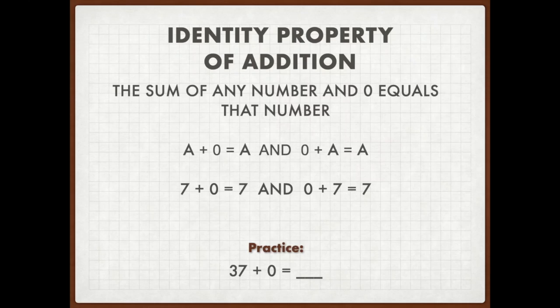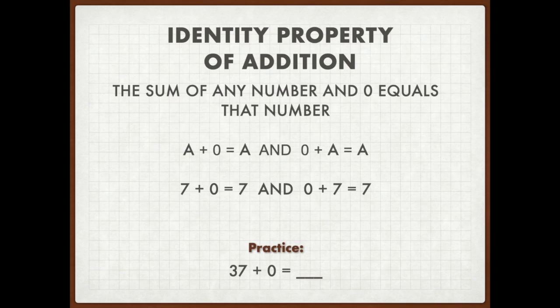Now the identity property of addition, and remember with these first three properties, we're only focusing on addition. Here we have the sum of any number and 0 equals that number.